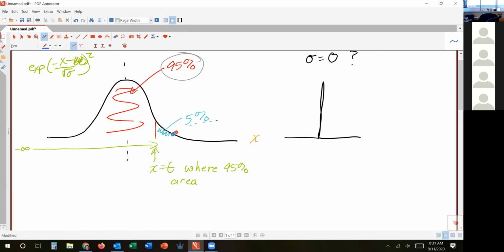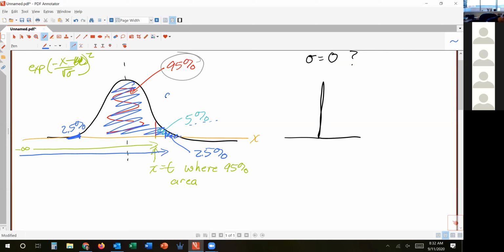Instead of having 5% here, I'm going to put 2.5% here and 2.5% here. But I'm still going to get that t value by starting at the left infinity and integrating over until I get where I want. In this case, I'm going to have to go over to 97.5% area because that would leave half of the area over here. That's where you get the t values from.